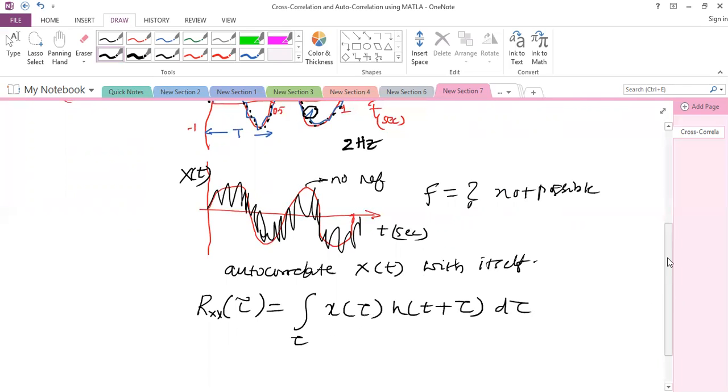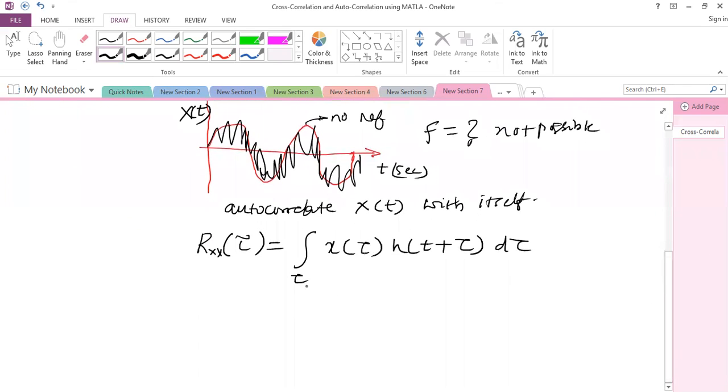Okay. Now, it is something like this. In autocorrelation, what we have to do is take the given signal, that is the noisy signal, and here it's not x h, instead it is x of t, because it is x with x only: the noisy signal and a shifted noisy signal.